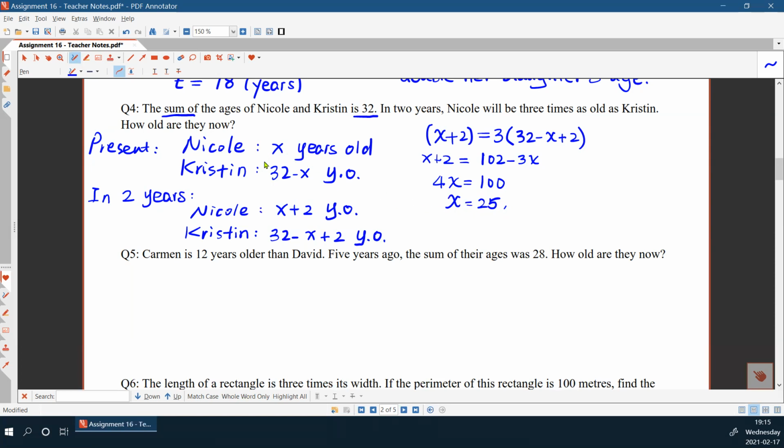So X is 25. What is X? X is Nicole's present age. Of course, we need Christian's current age as well, which is 32 minus X, which is 7, right? So now we can make the conclusion.